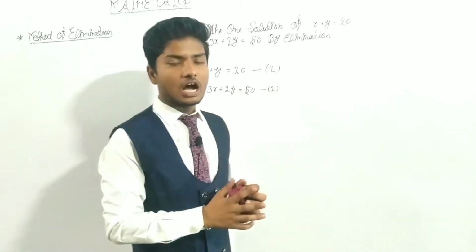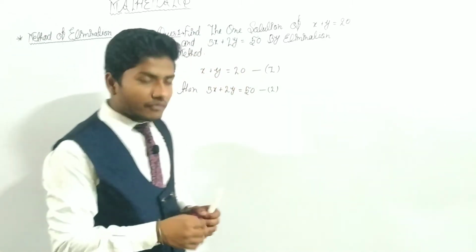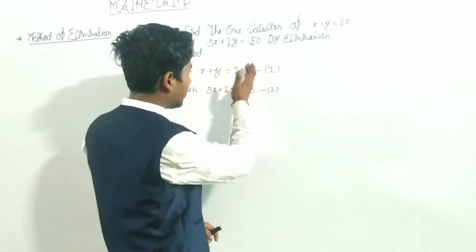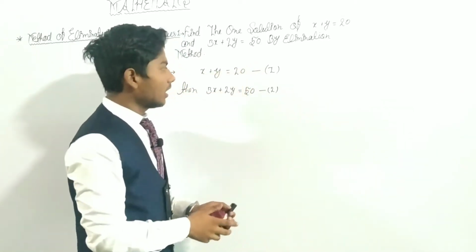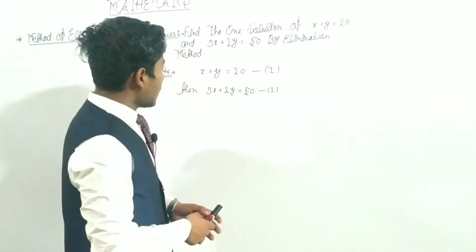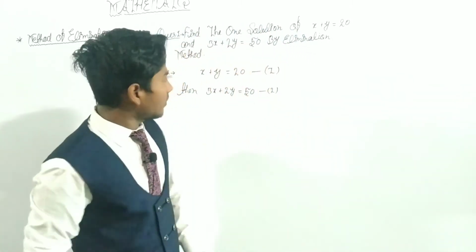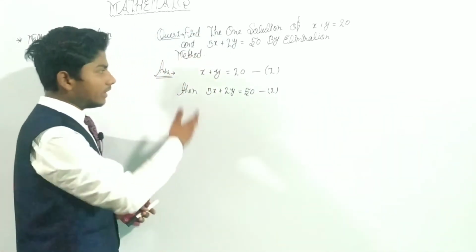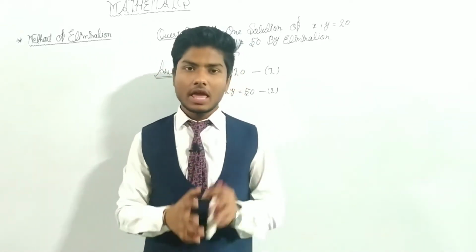What do we do now? We eliminate one variable using the two equations. First of all, we eliminate either x or y. In these equations we eliminate the variable x.